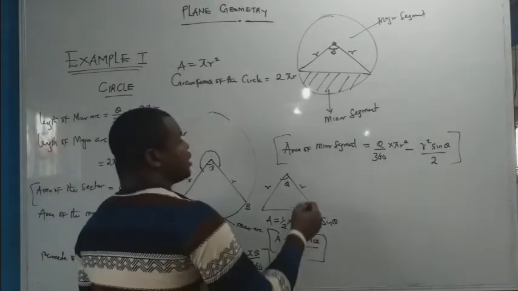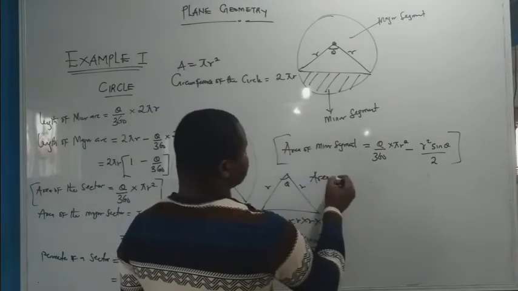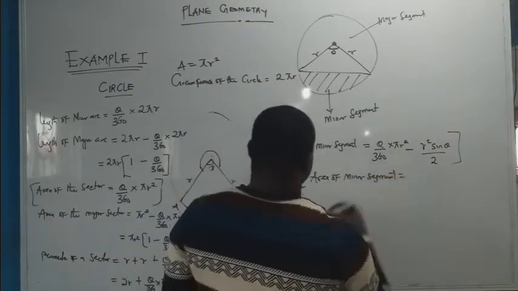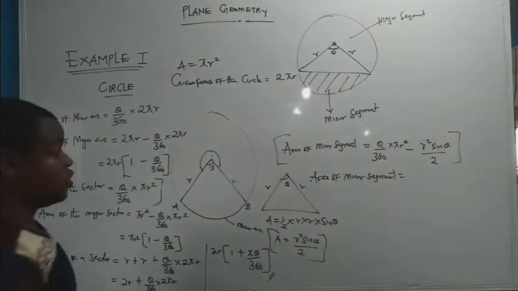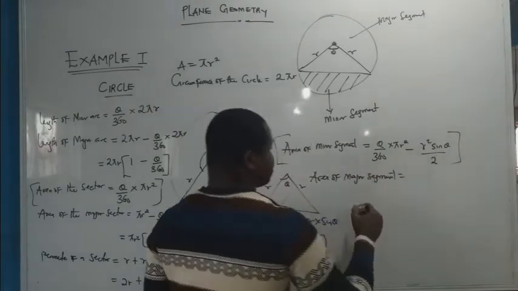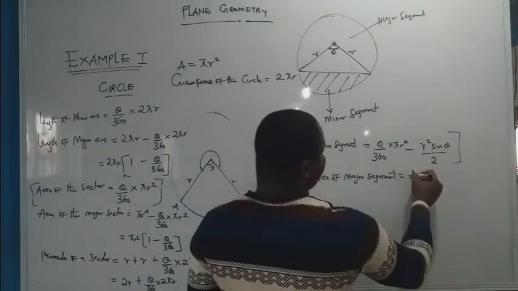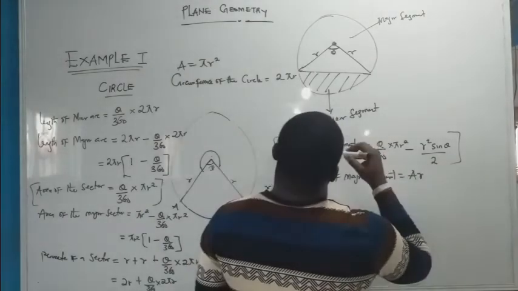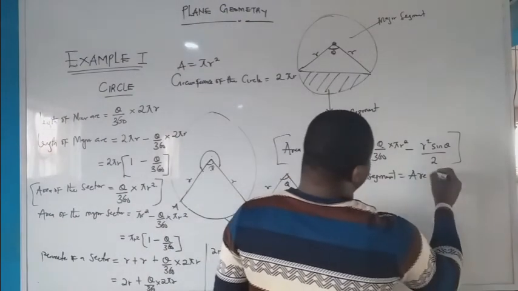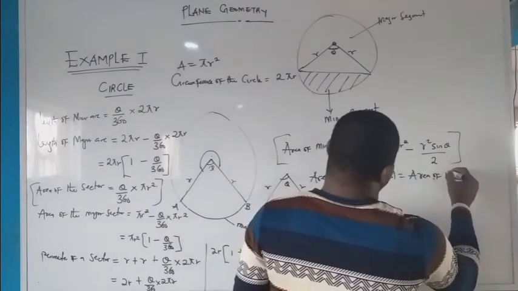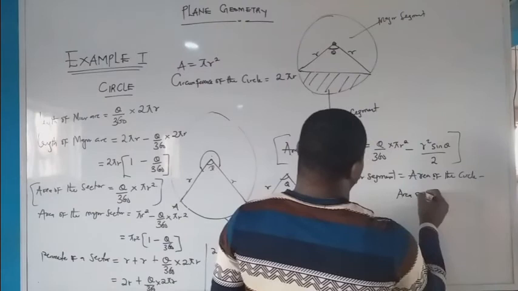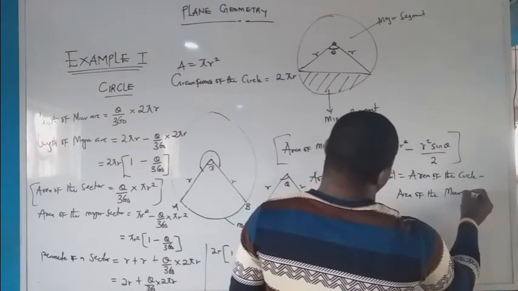Now, if you want to get the area of the major segment, the way we've been deriving the formulas here, the area of the major segment is going to be the area of the circle minus the area of the minor segment.